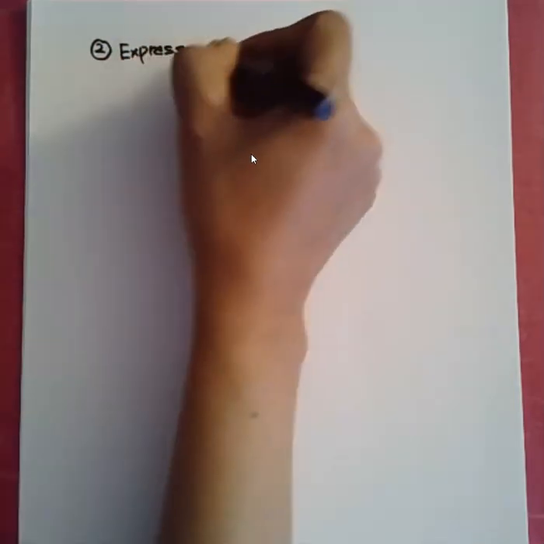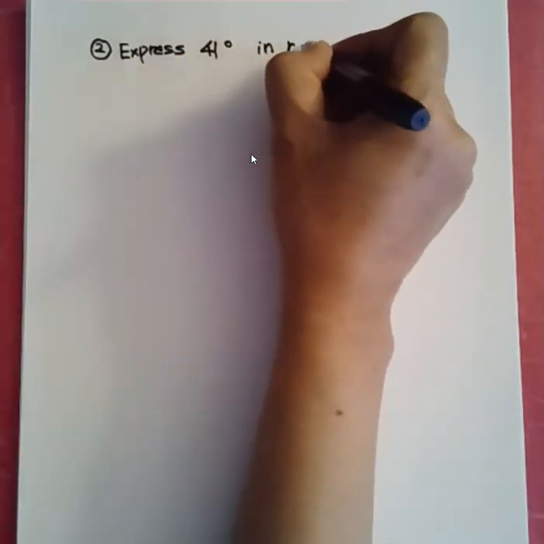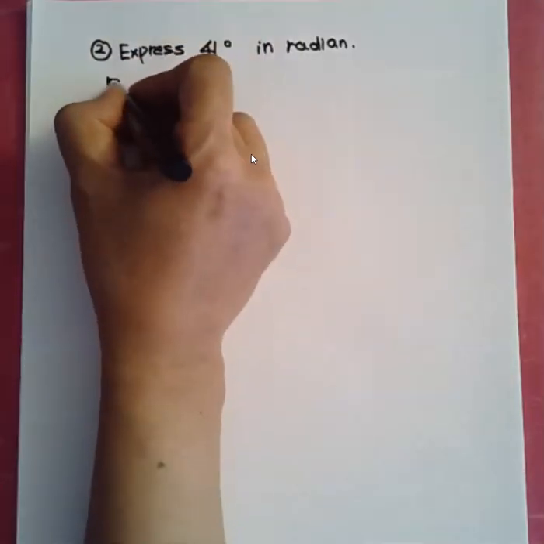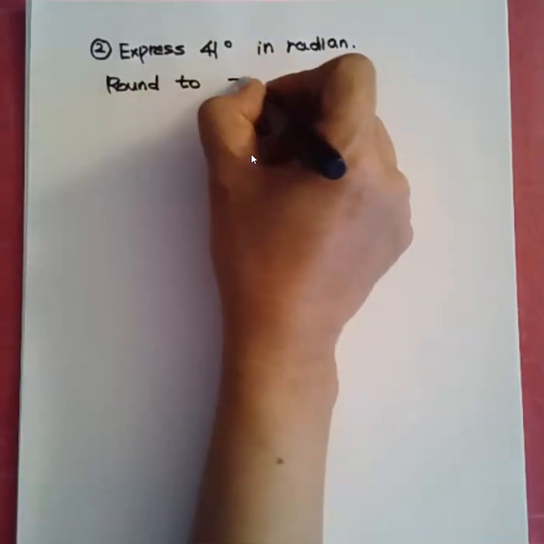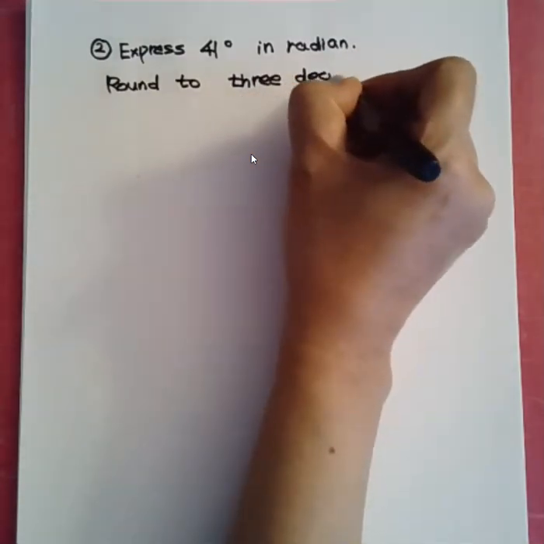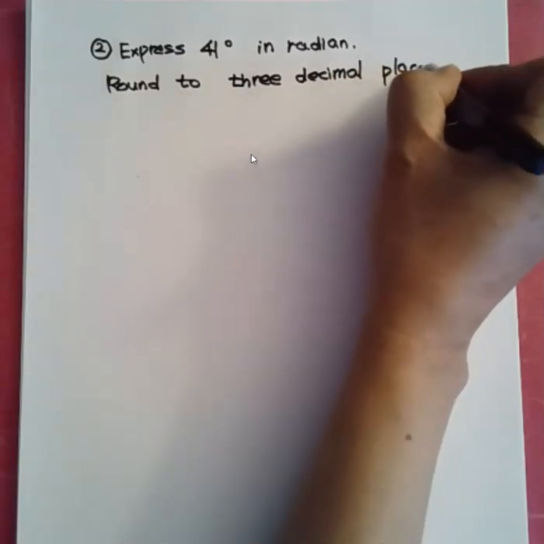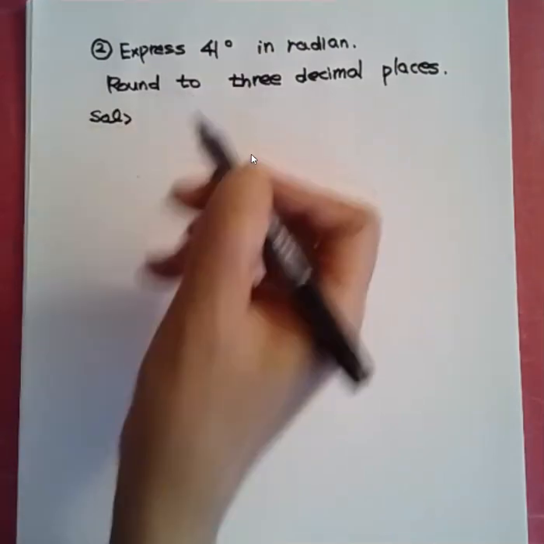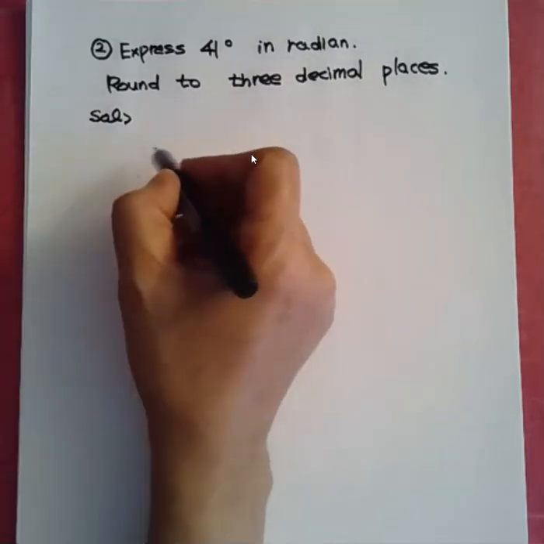Express 41 degree in radian. Round to 3 decimal places. Again, we want to think about the ratio.